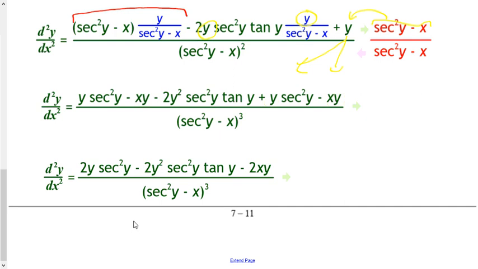The only pieces that I ended up combining together were this minus xy and this minus xy, which gave me minus 2xy's. And we'll do yellow again. This y secant squared y, and here I have a y secant squared y. So I have two y secant squared y's.